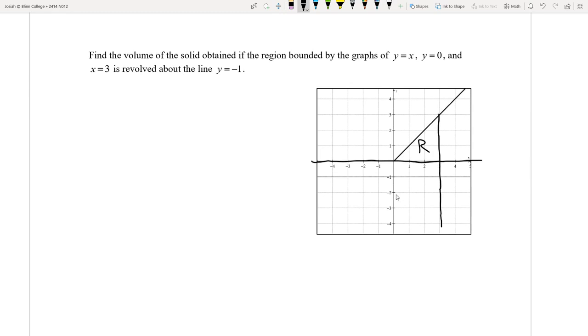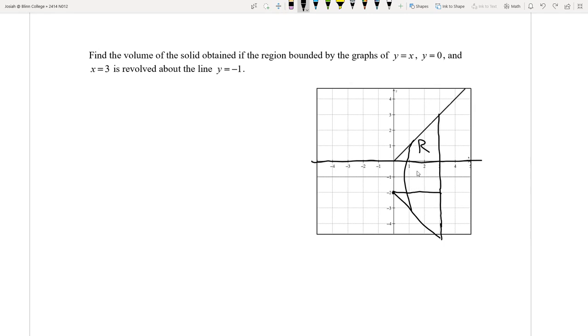But now we're revolving it about this line, which means we're actually going to be reflecting about that line. So if our reflection is about that line as well, we're looking at our mirrored region being down here. And so if we take a disk here, we will end up making it into a washer because we'll have this hole in it.